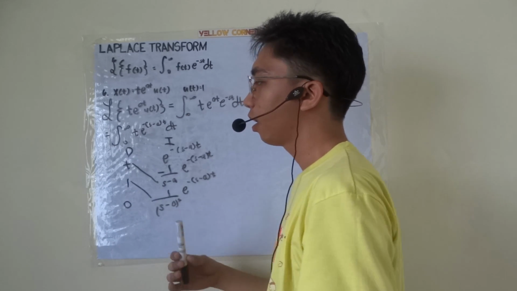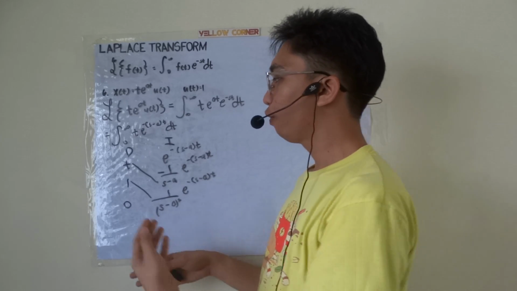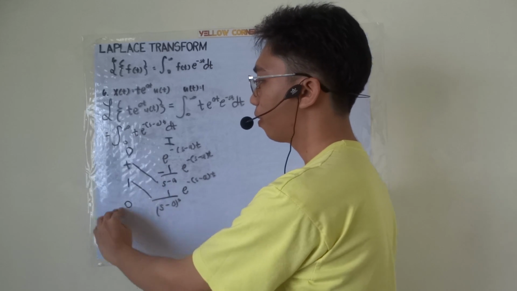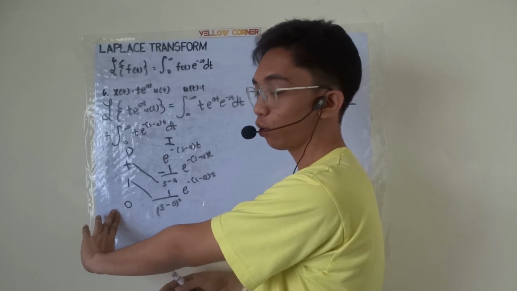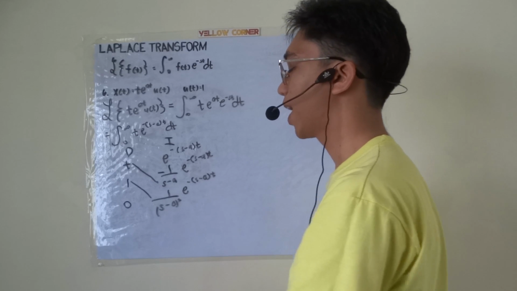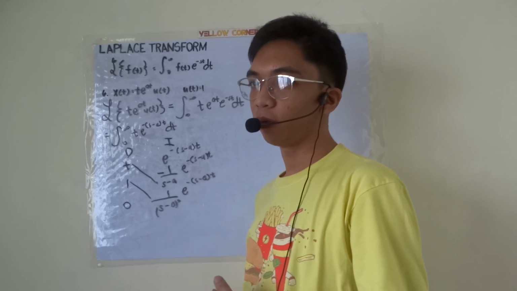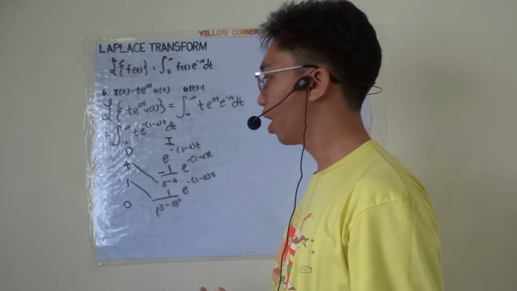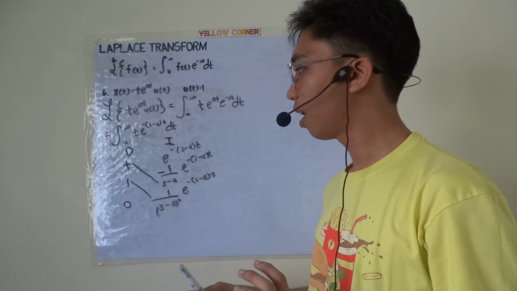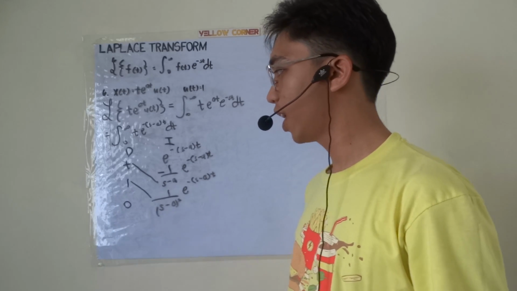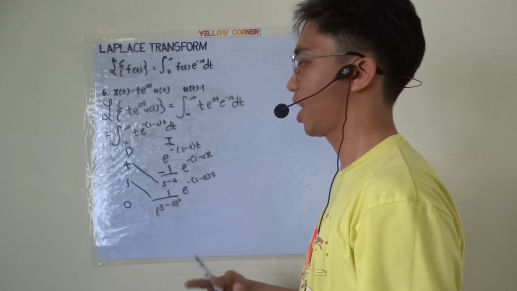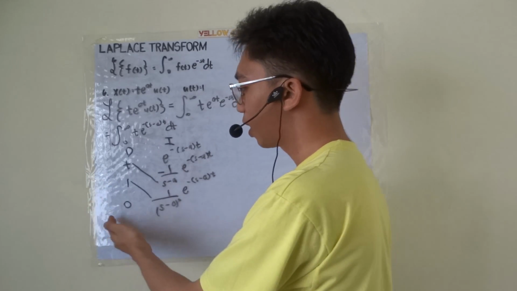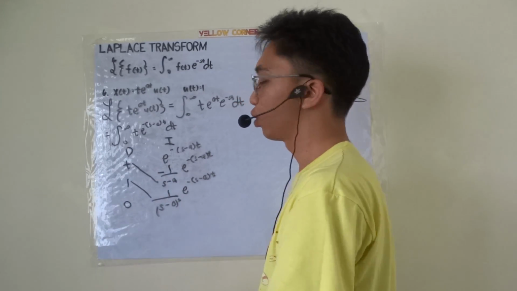So we conclude that if we have a term like this, we can stop taking derivatives when we get to 0, unlike in our past examples, which have an infinite number of derivatives and integrals. So we will stop when the derivative gets to 0.